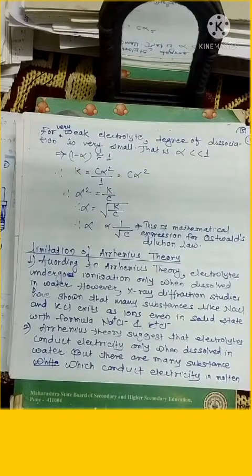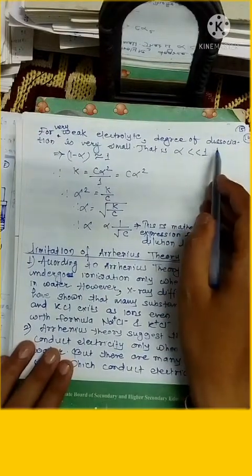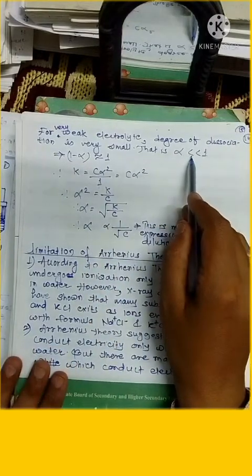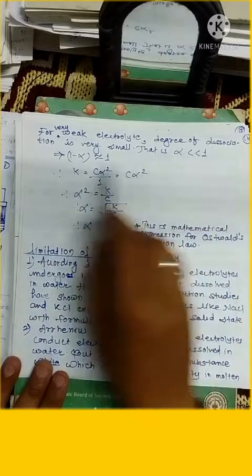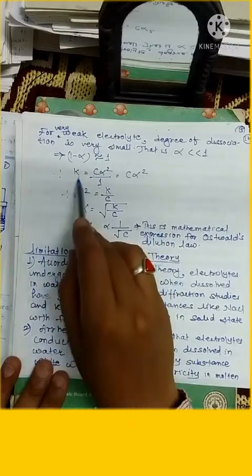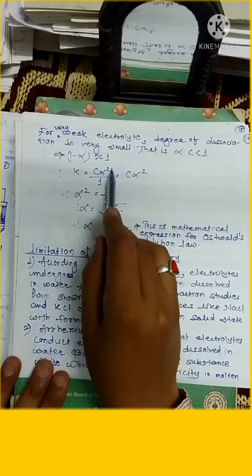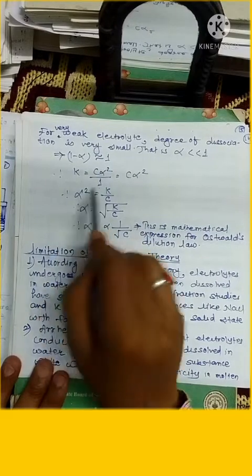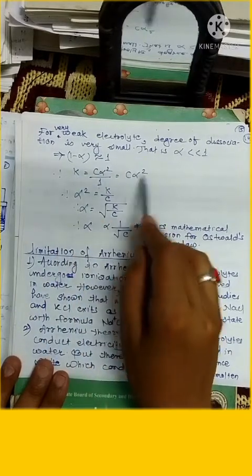Now for a very weak electrolyte, the degree of dissociation is very small, that is alpha is very small compared to 1. So 1 minus alpha is approximately equal to 1. So K is equal to C alpha square divided by 1. So K is equal to C alpha square.